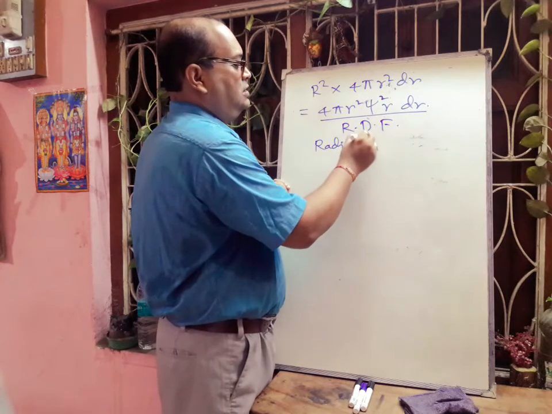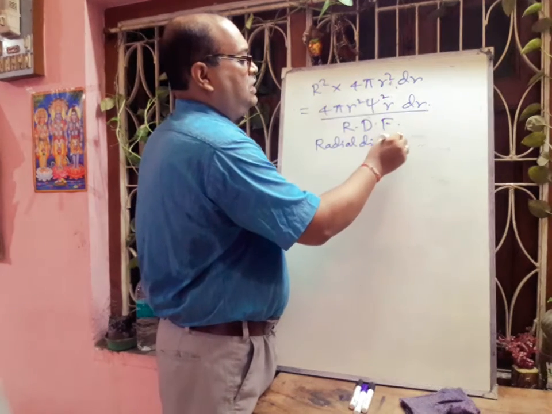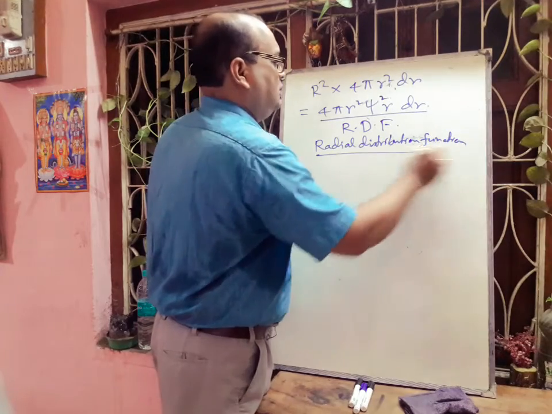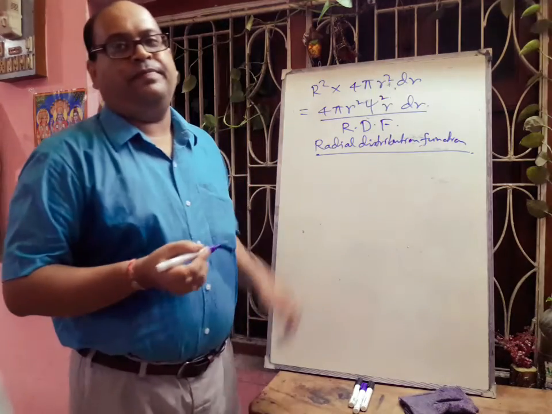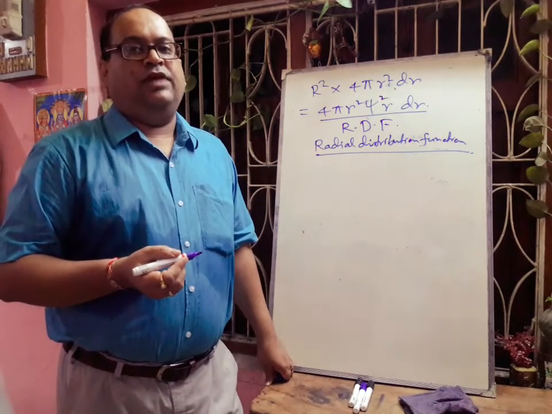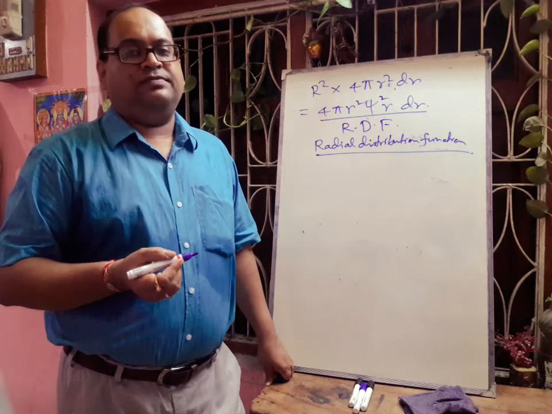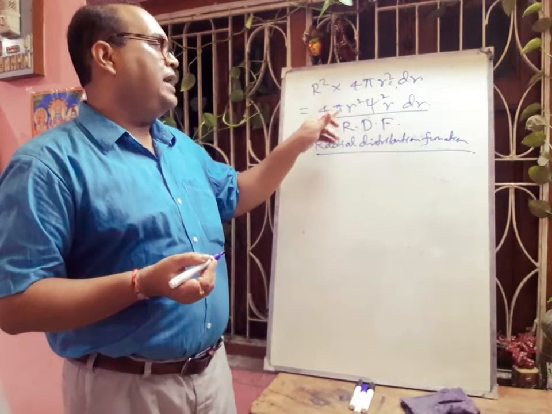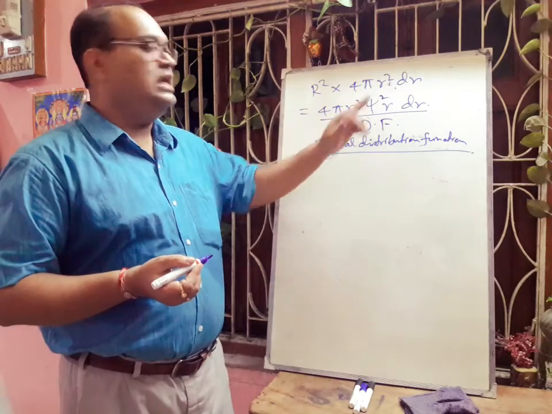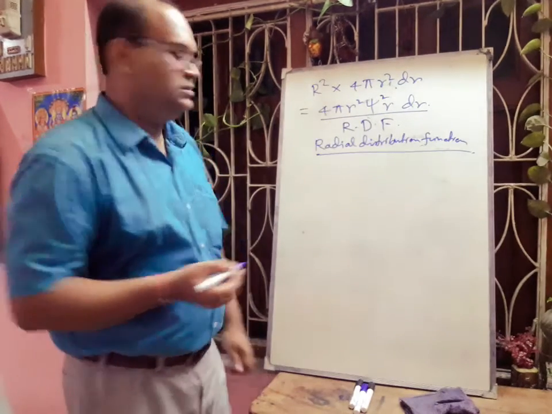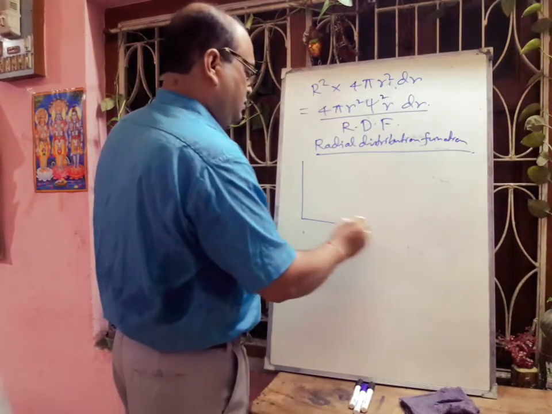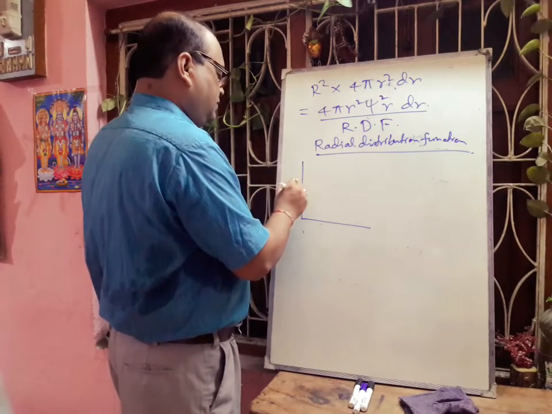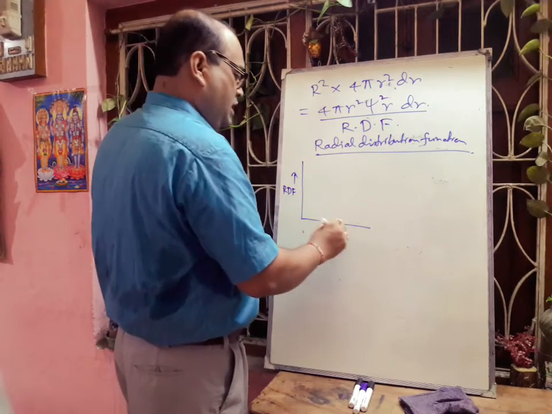Radial distribution function. Okay, now if we plot the graph between this 4 pi r square psi square r dr versus r, we are writing this one is RDF and here r.